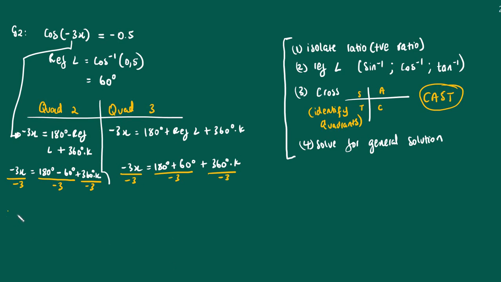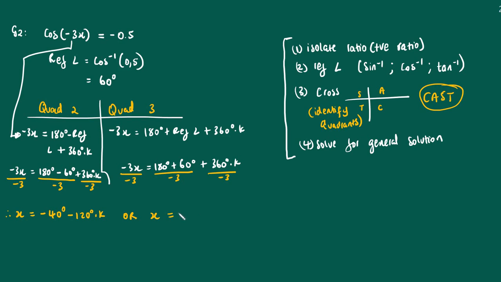So therefore x would be equal to 180 minus 60 is 120. Divide by 3, that is 40. I think it should be negative 40 degrees and then minus 120 degrees times k. Then you write or, and then here you're going to say x is equal to, then this side is still 240 divided by 3.